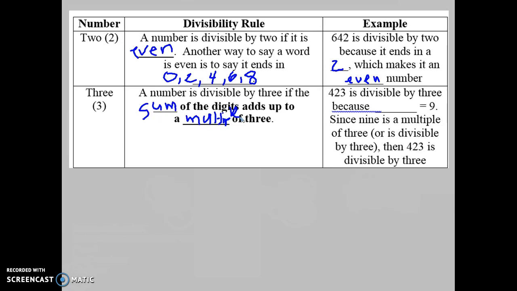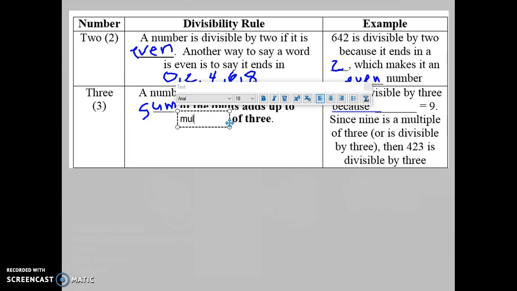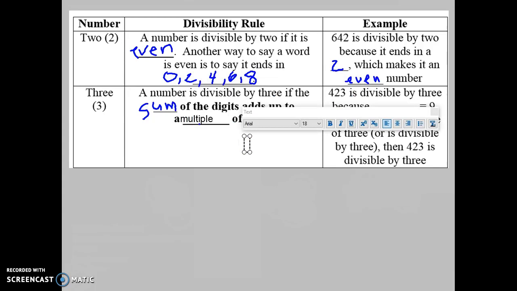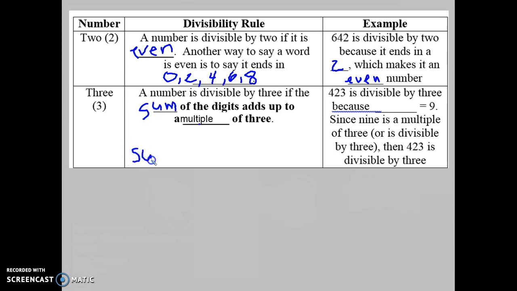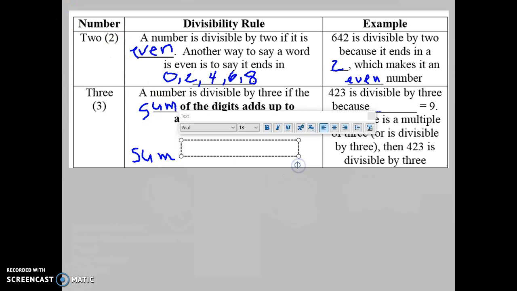Okay, so if it is a multiple of 3, I'm going to erase that and try to type that in for you instead. See if that's a little bit easier for you to read. So a number is divisible by 3 if the sum of the digits add up to a multiple of 3. What does the word sum mean? The word sum simply just means the result of adding. So result, your answer from adding.